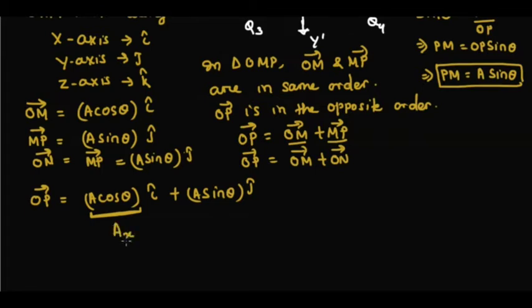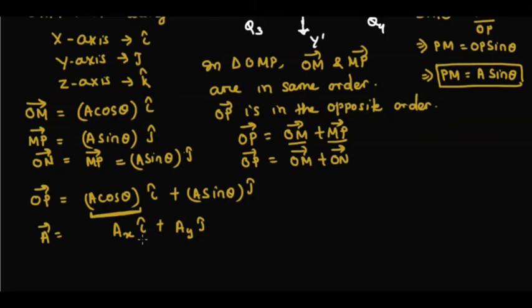Ax means the x component of vector A. OP vector is vector A. So A vector is equal to Ax i cap plus this component a sin theta j cap is along the y axis. So a sin theta is written as Ay, meaning the magnitude of the y component, and then we have to give j cap. So A vector is equal to Ax i cap plus Ay j cap.